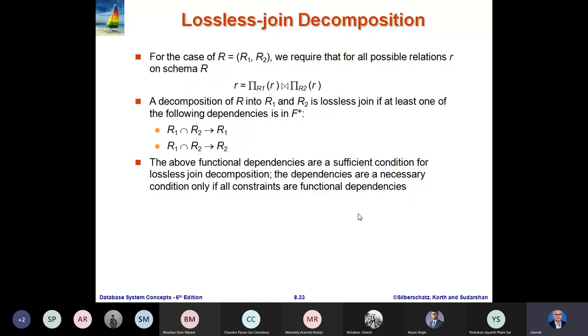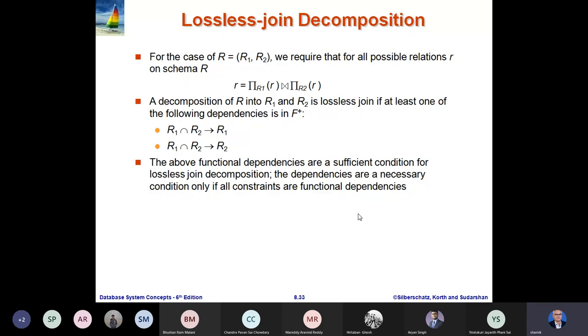What we need is that for all possible relations r on schema R, if we take their projections on R1 and on R2, then the natural join of these should get back the r which was in the original schema.